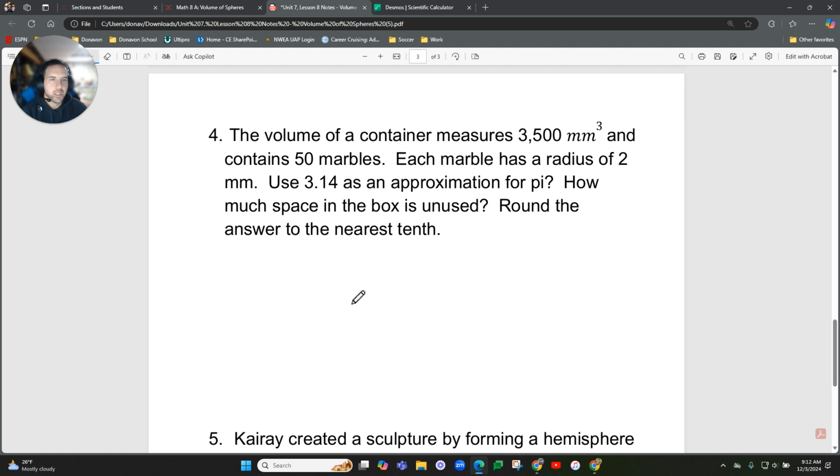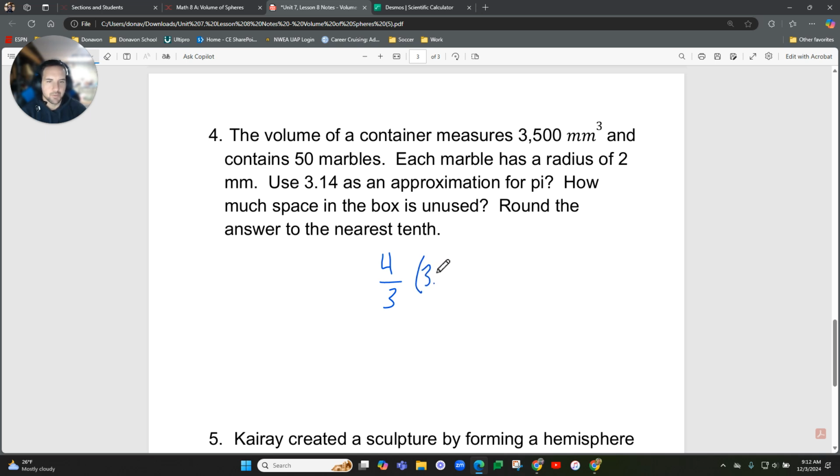But anyways, we need to find the volume of one marble, multiply that by 50 to figure out the volume of all the marbles, and then subtract that from the volume of the container. The formula for the marbles hasn't changed. A marble is a sphere, by the way, in case you didn't know that.